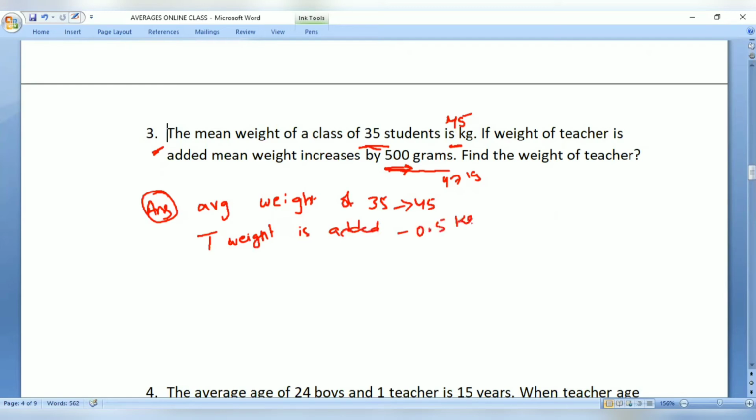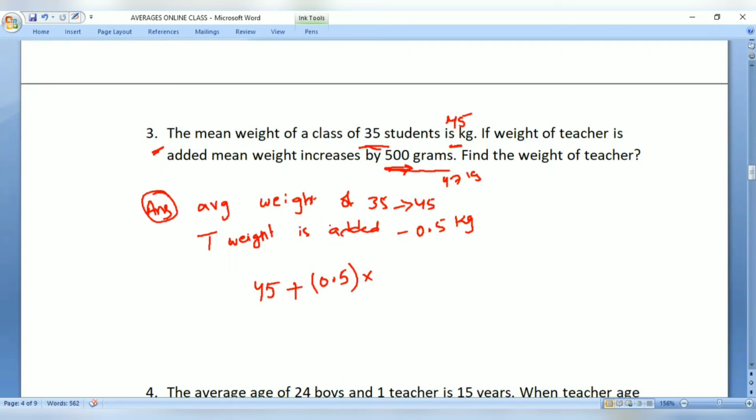0.5 kg is added. Now, instead of solving this in a regular model, we can straight away say what is the average of the class first, out of the 35 students that are given in the problem. First, the average is 45 plus what is the value increased? How much value increased? 500 grams, that means 0.5 kg, into when the teacher is also added.